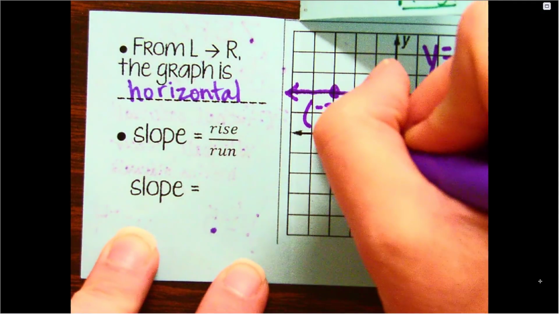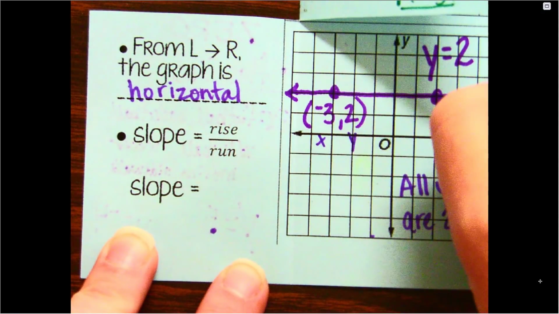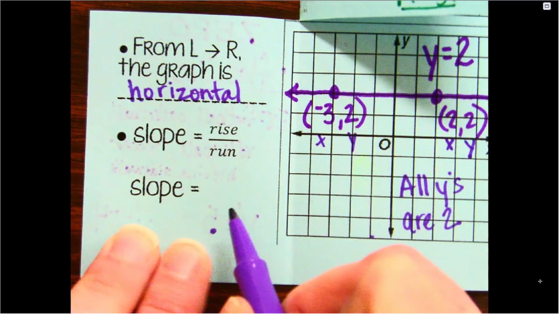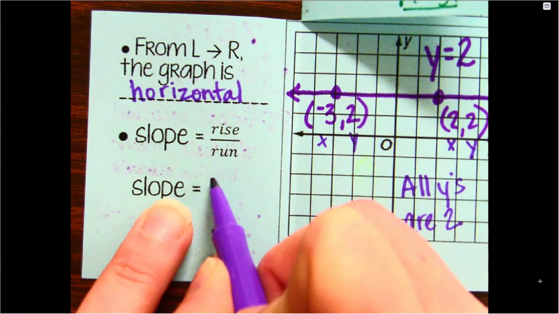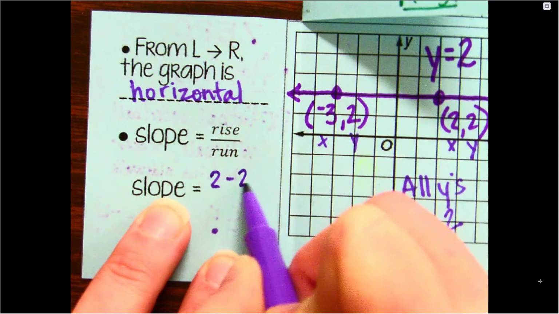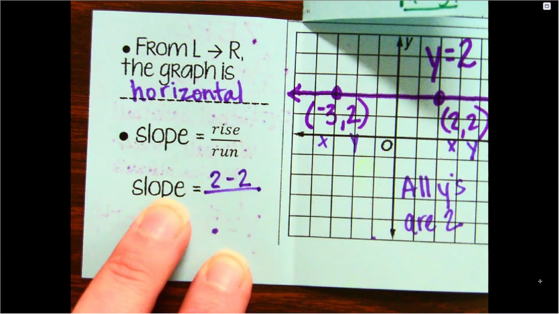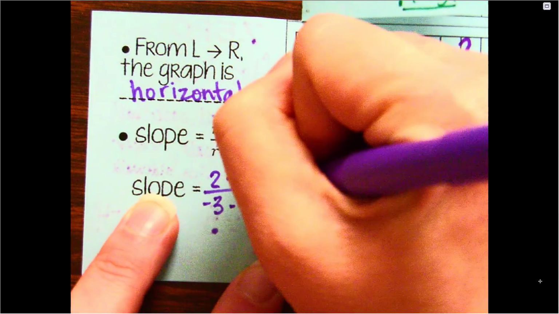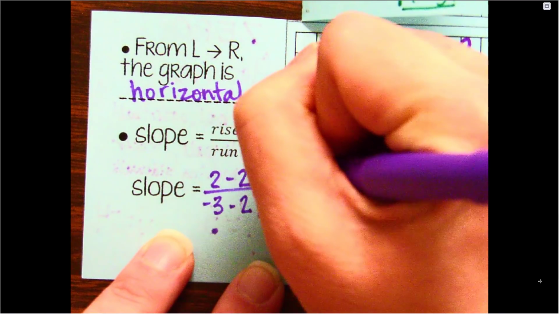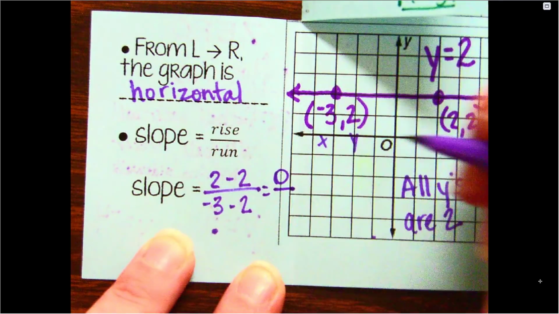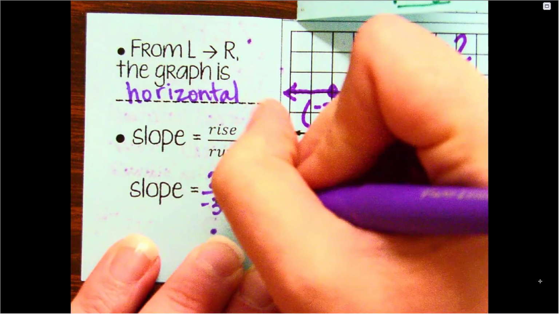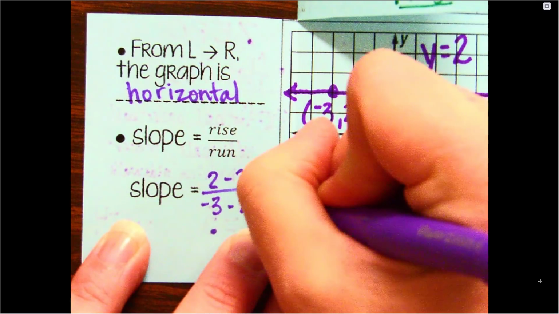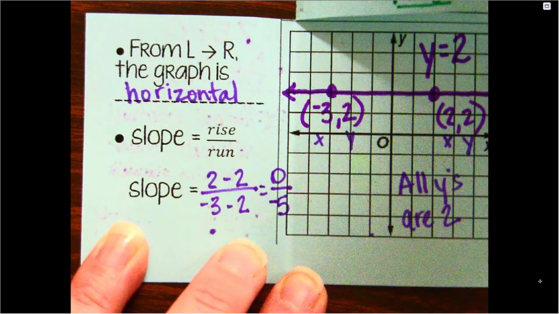Now if I use x and y in my slope formula, my y's go on top, so 2 minus 2 are my y's, and negative 3 minus 2 are my x's. Find that difference on the bottom. So I have nothing, 2 minus 2 is nothing on the top, and negative 3 minus 2 is going to be a negative 5.